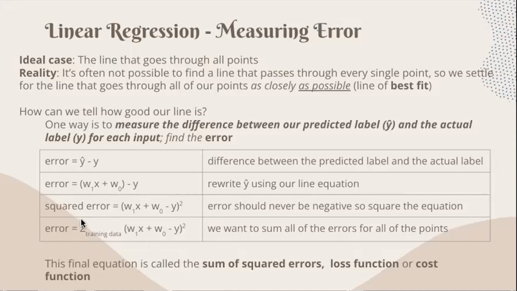So you're going to sum up all of these values. And the final error that you get is called the sum of squared errors, the sum of errors that have been squared, or the loss function or the cost function in different cases. This is basically used to figure out how much information you are losing or retaining when running your linear regression.